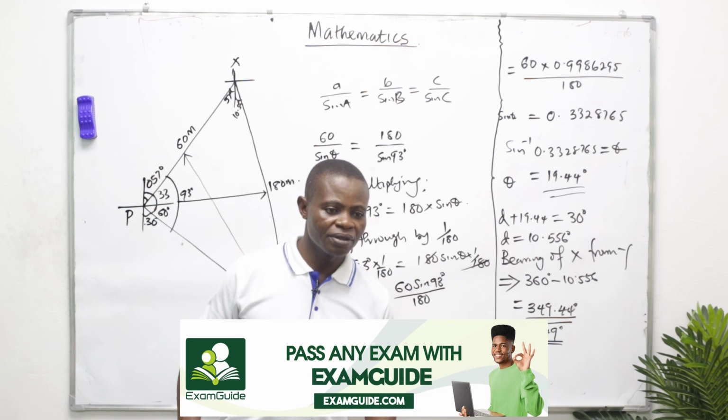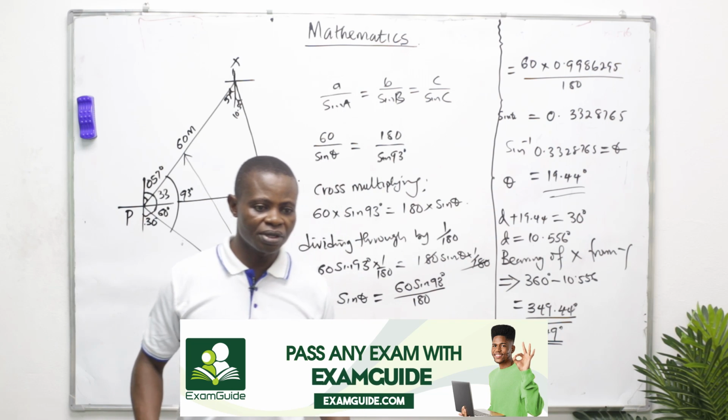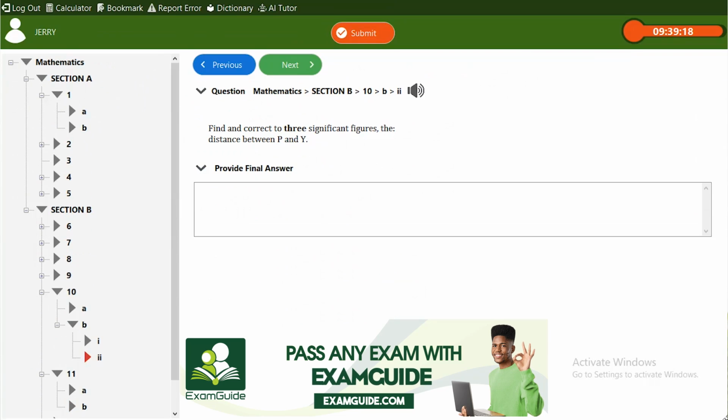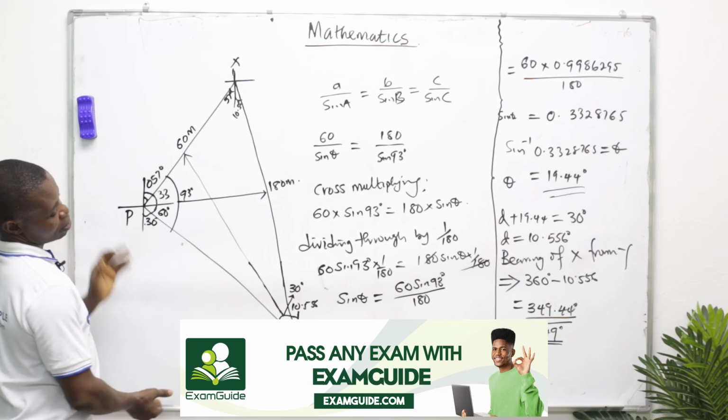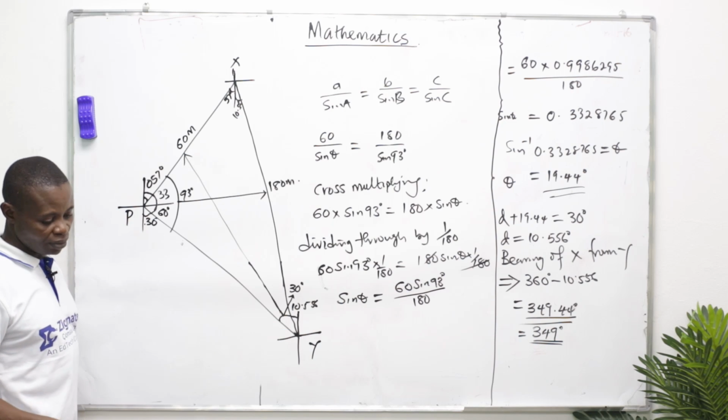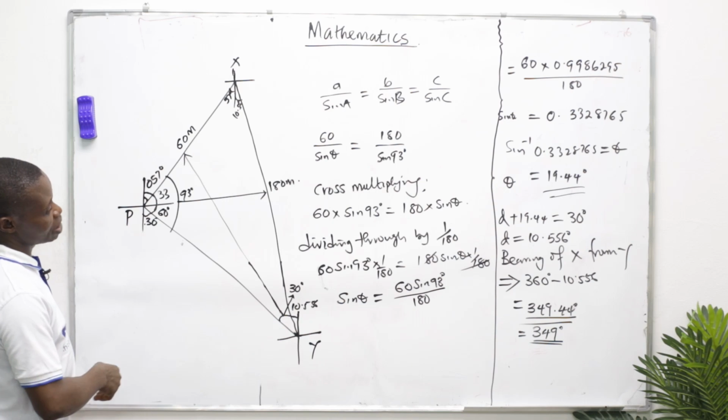So find, correct to three significant figures, the distance between P and Y. Look at P, look at Y. Now I want to look for the distance between them.